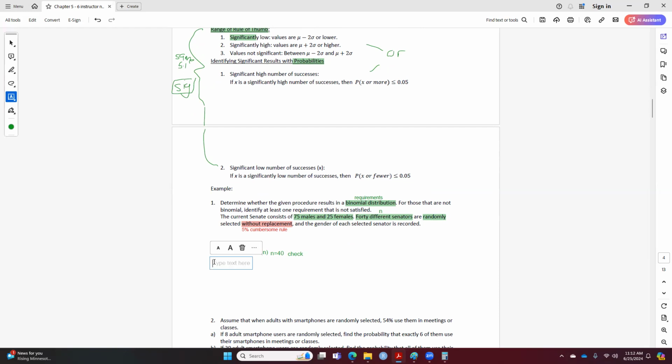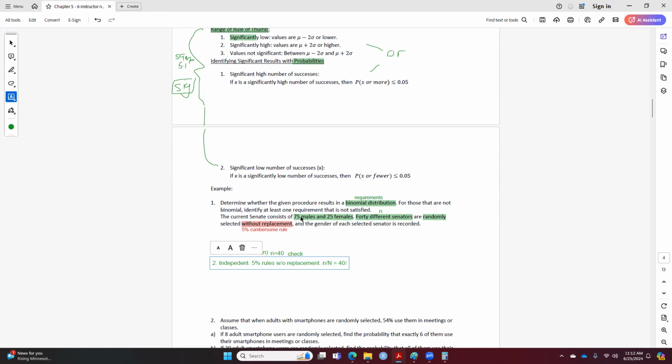Second, independence. That is the second requirement. But you need to follow the 5% rule here because of the words without replacement. The 5% rule says you have to take n divided by capital N. We know the little n is 40 since 40 senators are randomly picked.